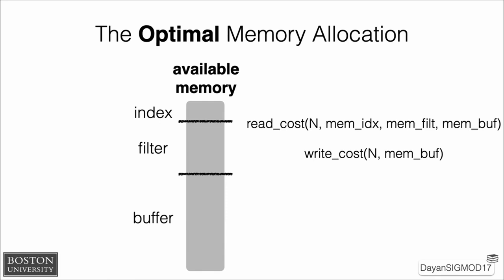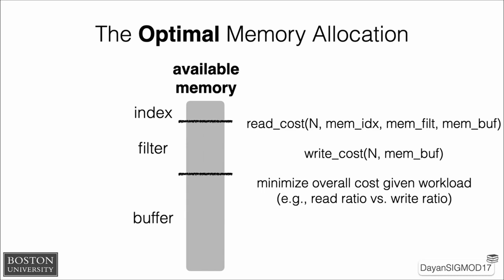If we have these two costs, we can formulate an optimization problem. Given the workload, which could be, for example, how many read queries, writes, range queries, what is the selectivity of the range queries, how many updates, and so on, we can figure out how to distribute the available memory between the buffer, the filter, and the index.